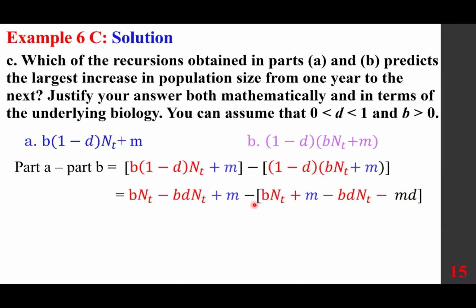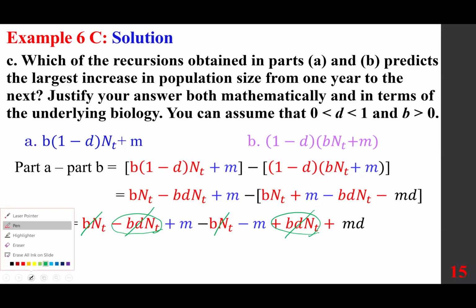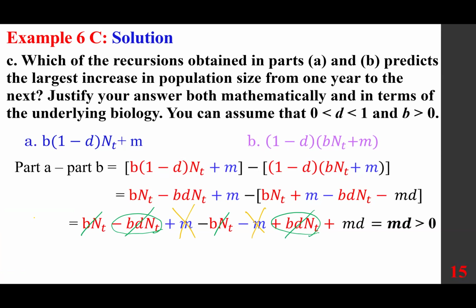This is minus M. This is plus BD n sub t. And this is plus MD. Notice these two cancel each other. These two cancel each other. These two cancel each other. We end up with MD, which is positive.